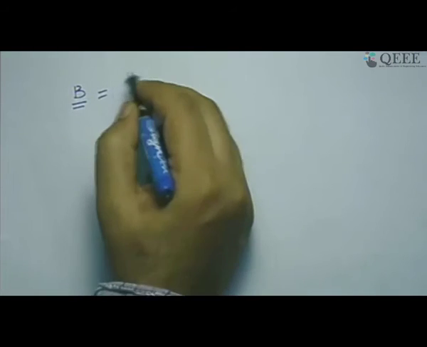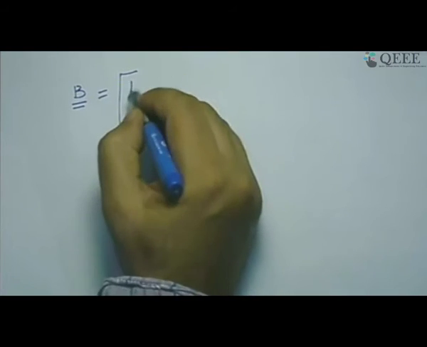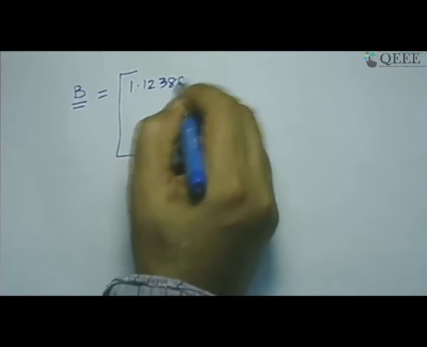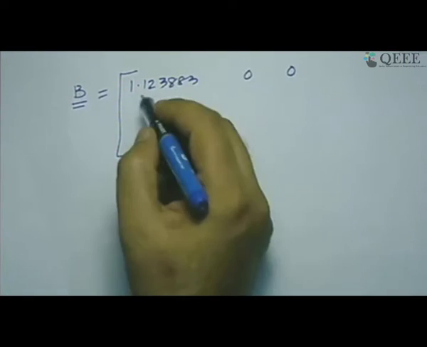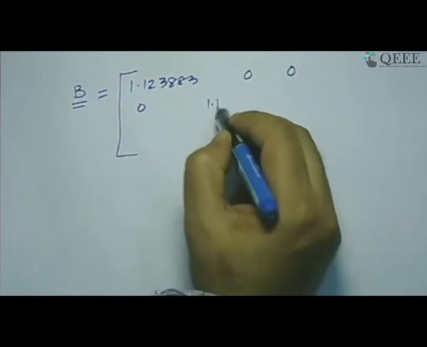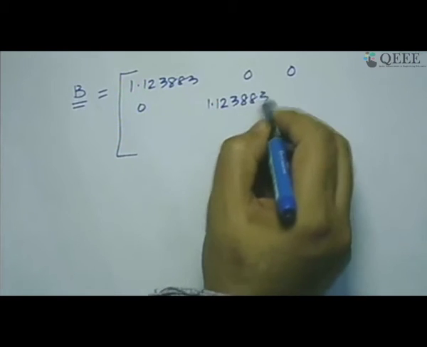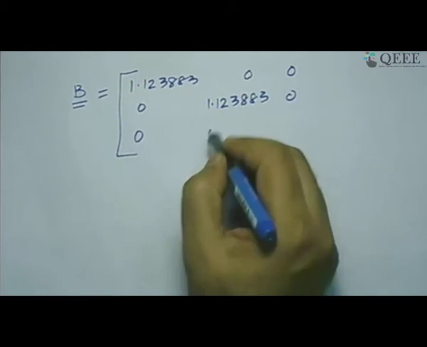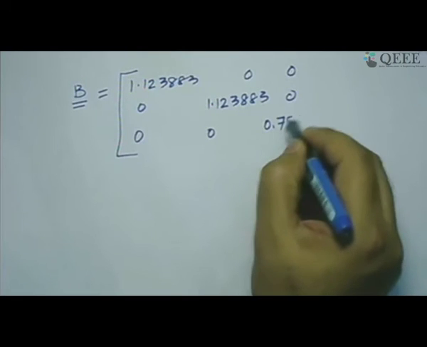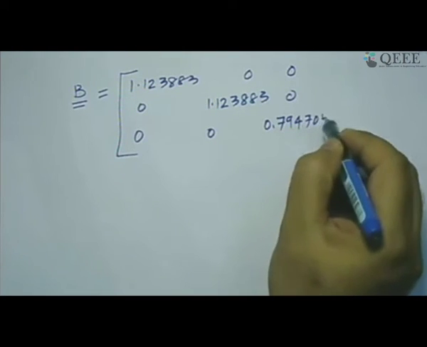So we have the B vector, right? So B vector is given by this: 1.123883, 0.794705. Okay.